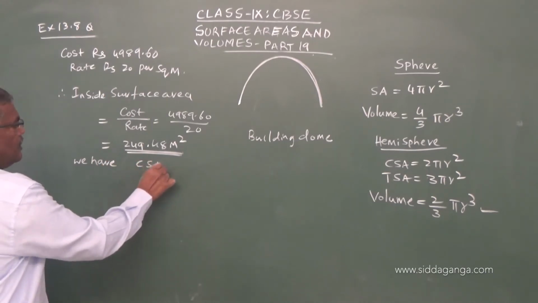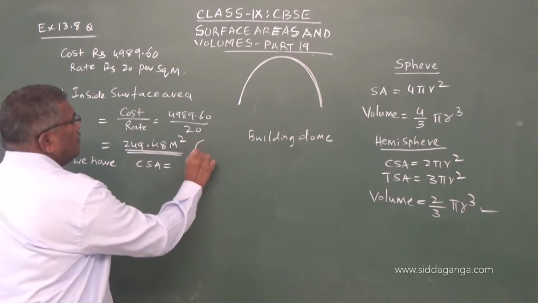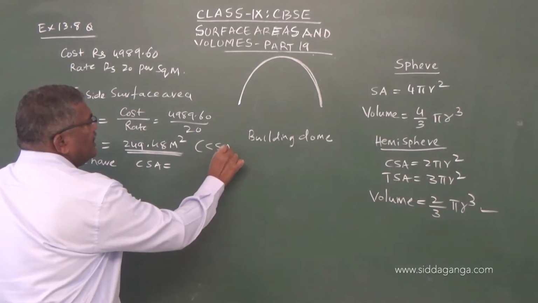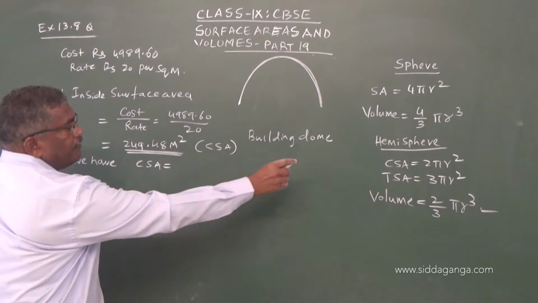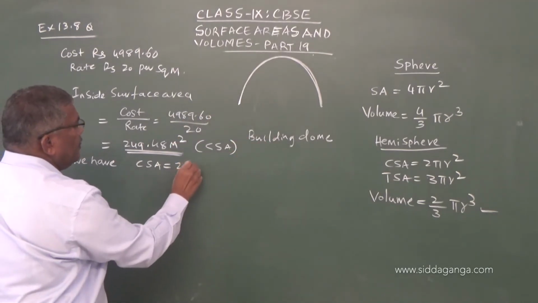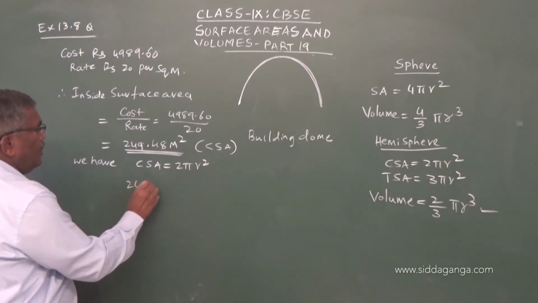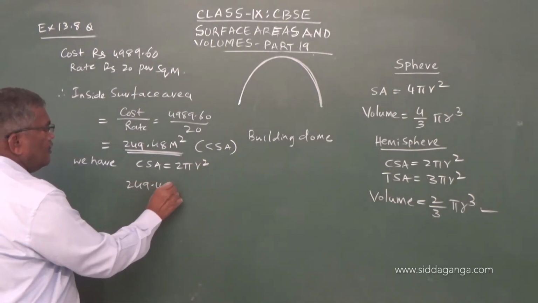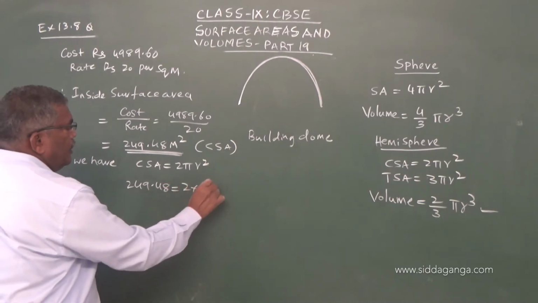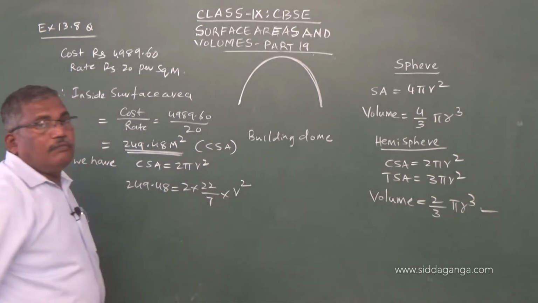Curved surface area of a hemisphere is 2 pi r square. So 249.48 equals 2 into 22 by 7 into r square.